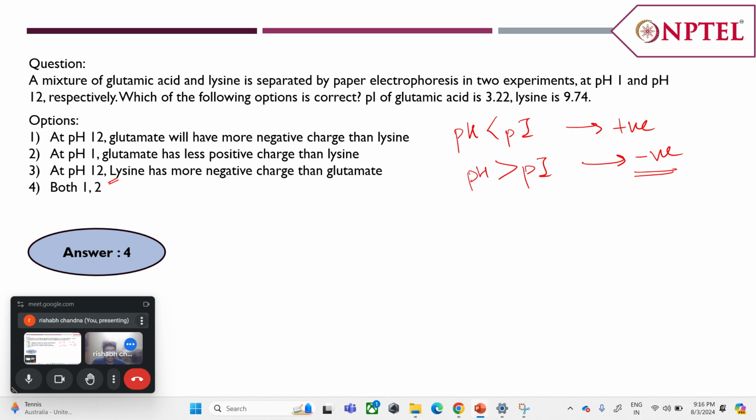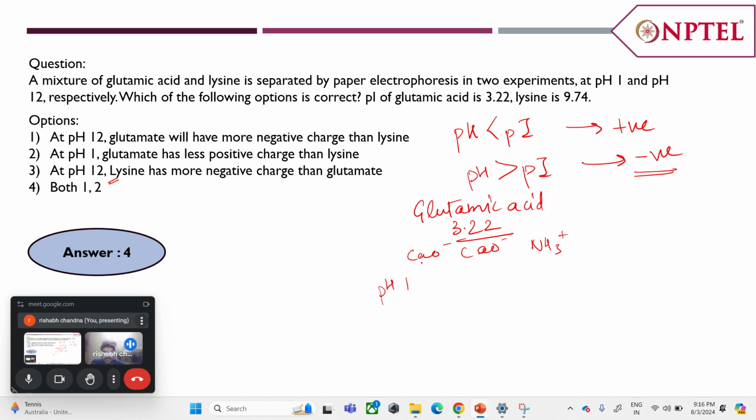How? We'll explain. Now, considering the first case, that is glutamic acid, its pI is 3.22. Okay, so it has two carboxyl groups and one amino group. Now at pH 1, first we'll see at pH 1.